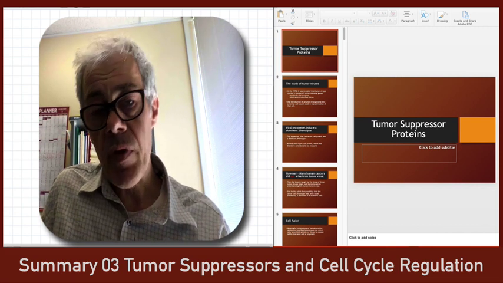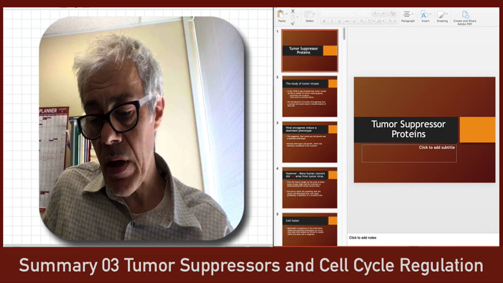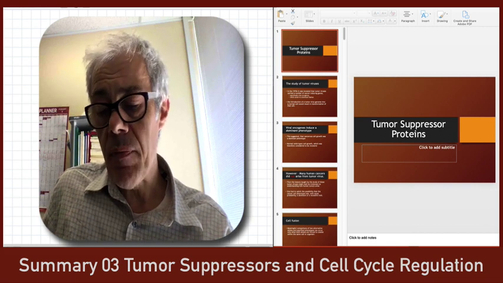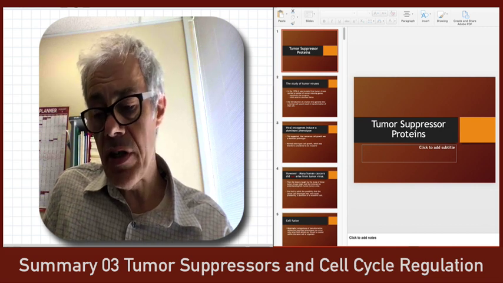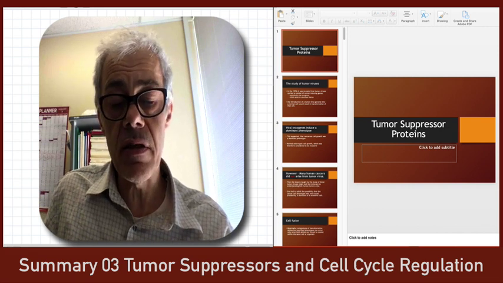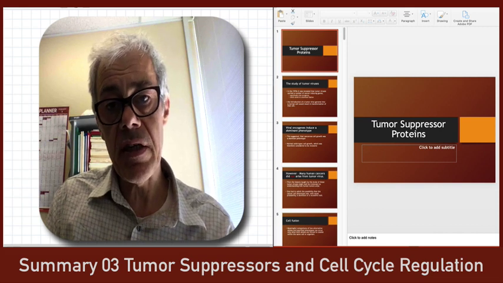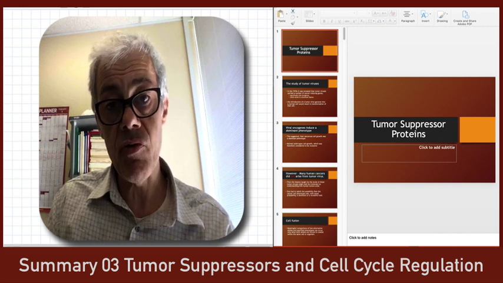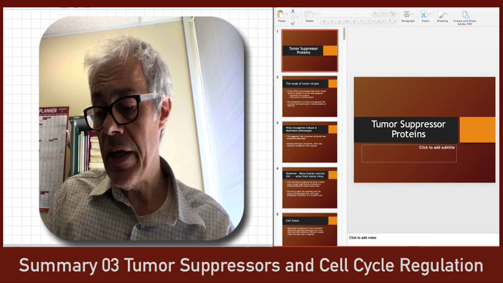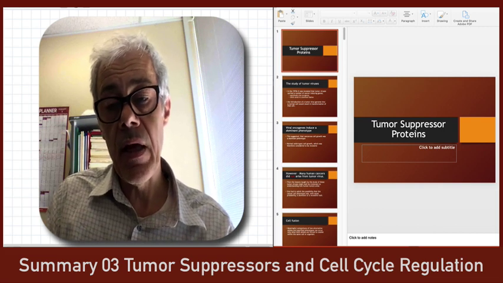Anyway, we're now looking at some research, I guess from the 70s, where a researcher who was studying a disease of the eye that occurs in newborn infants looked at some of the genetics of this disease, called retinoblastoma, and identified the protein involved.